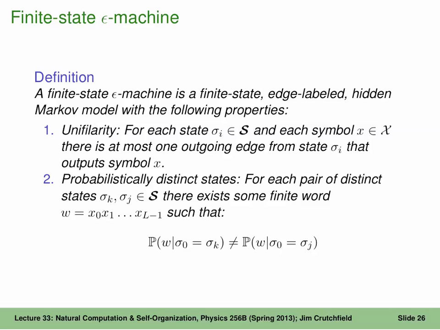What I'm going to be talking about can't be done for general hidden Markov models where there are multiple edges going out that produce a 0. Then you can't do this uniquely. But we're going to require unifilarity.